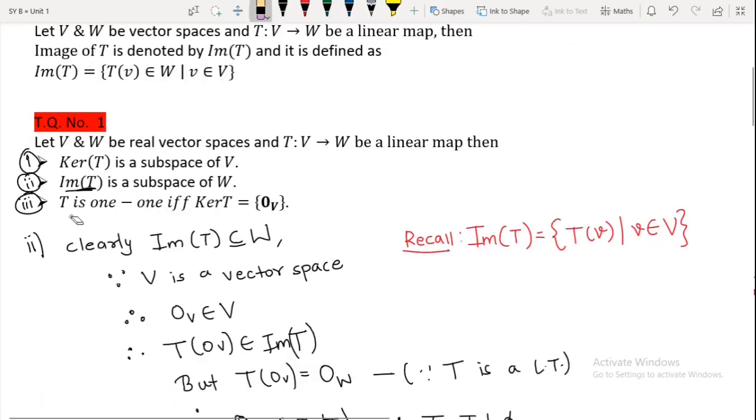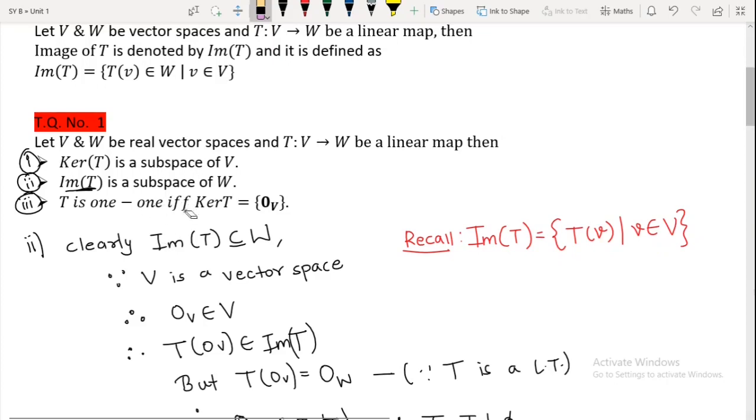Okay. Now let us go towards the third part of this theorem or proposition. So we have to prove that T is 1-1 if and only if kernel of T is equal to singleton 0. So let us start.